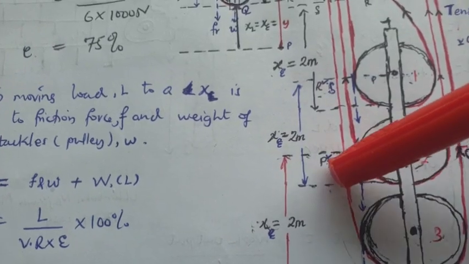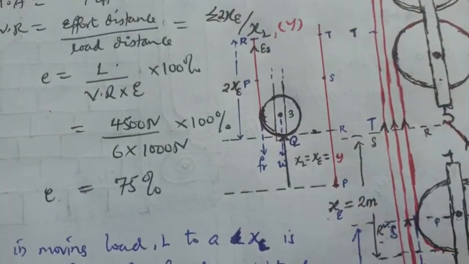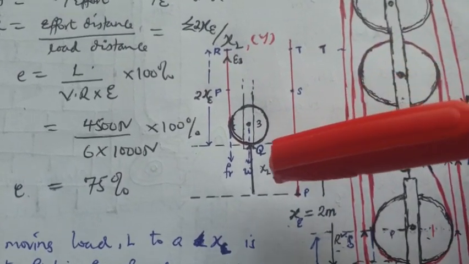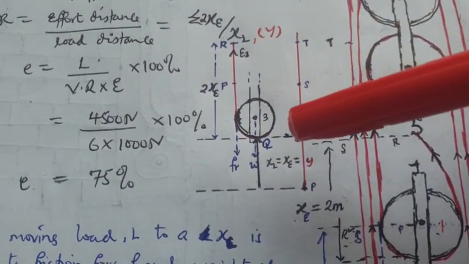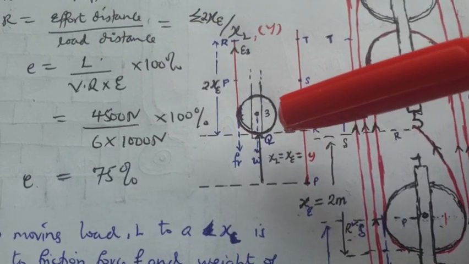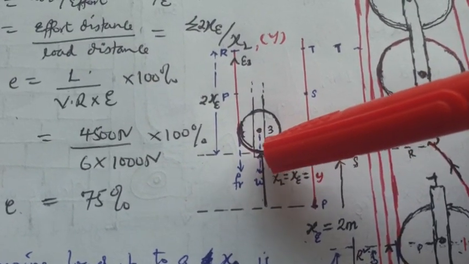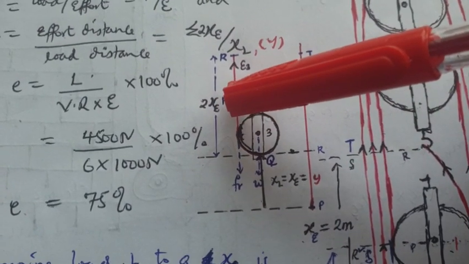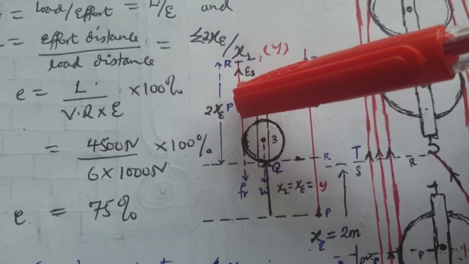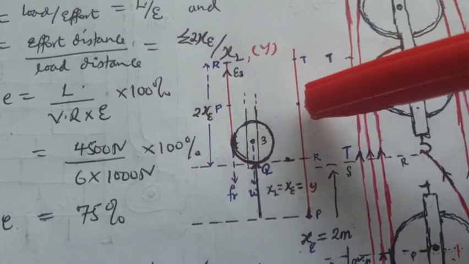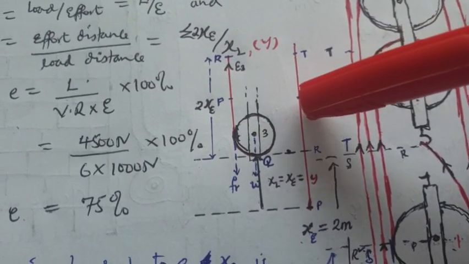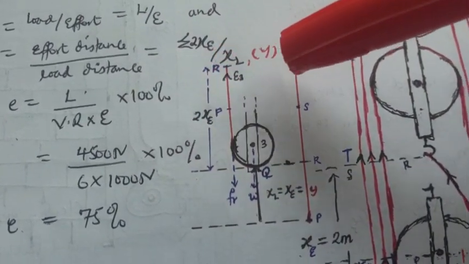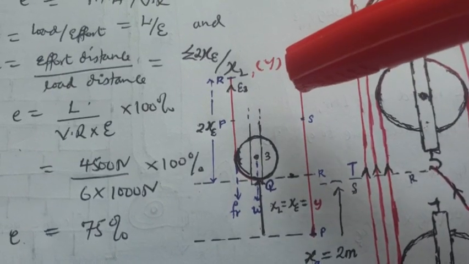For the motion of the effort, the string moves in such a way that position Q will be at the bottom of this lower pulley, while position P moves up and takes the position of S, while Q takes the position of R, and R takes the position of T.